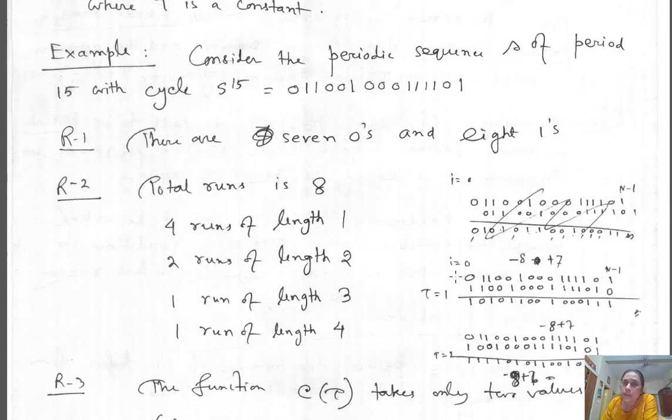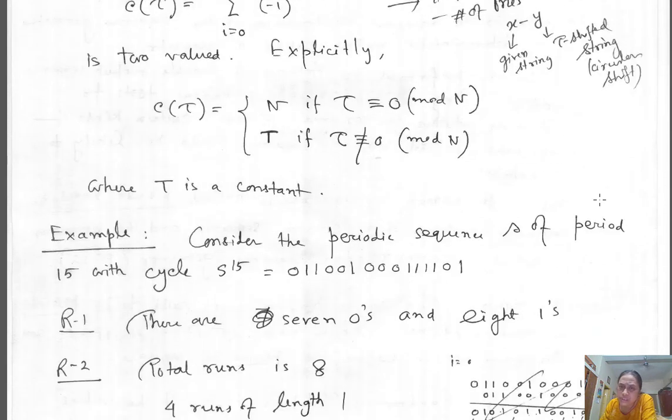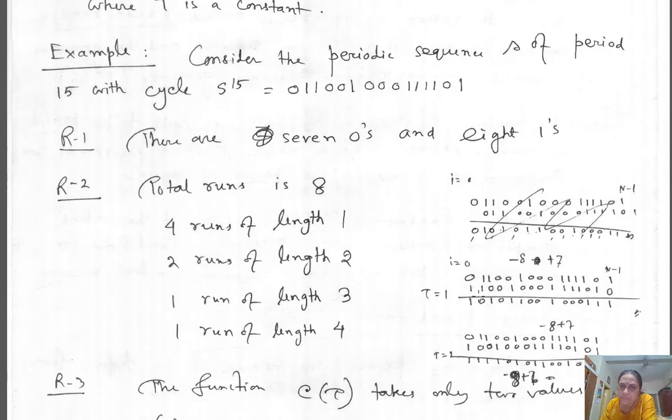So this expression actually counts the number of zeros minus the number of ones in x minus y. Your original sequence is this given string, and the tau shifted string is y. Is it a circular shift? It is essentially this one: this is here, this is here. The next part is a circular shift; this part is going here essentially.